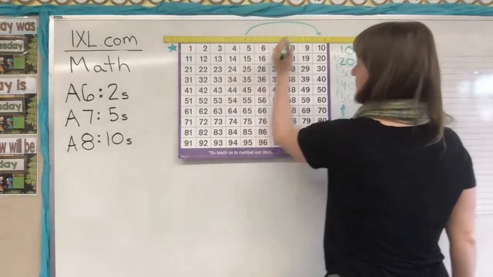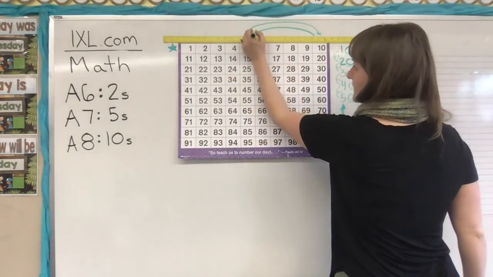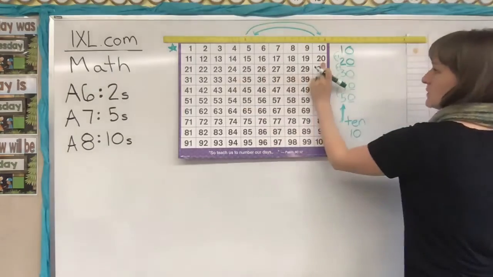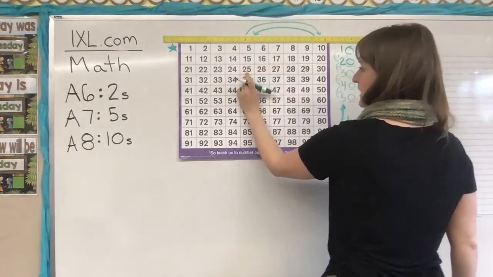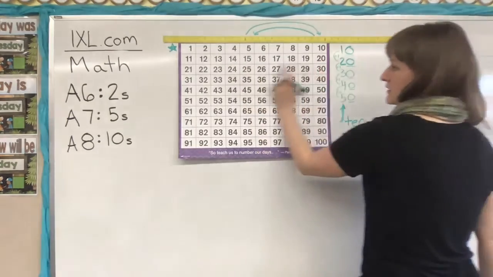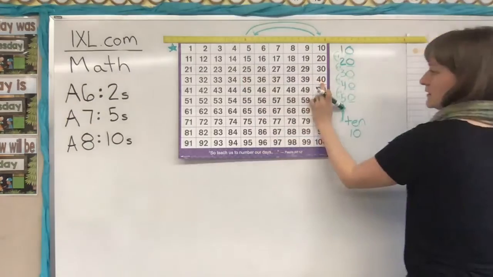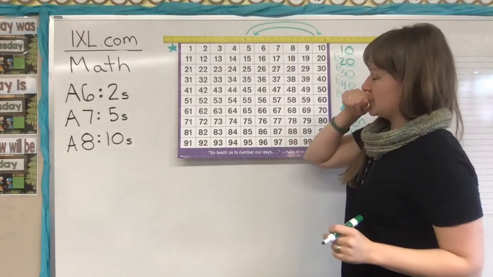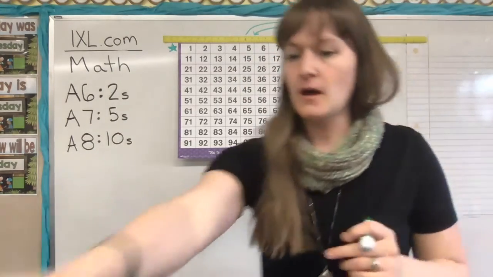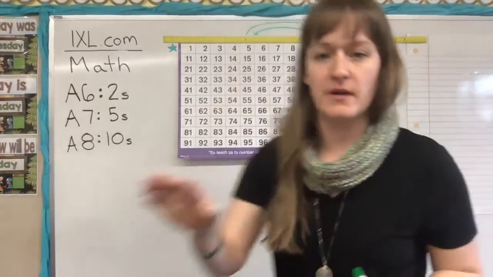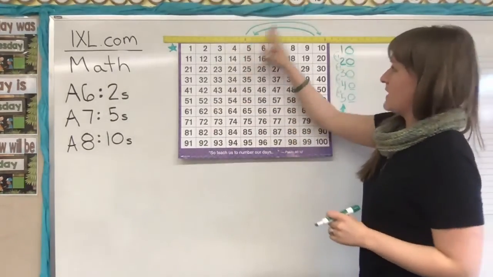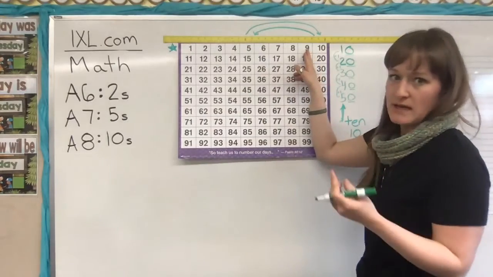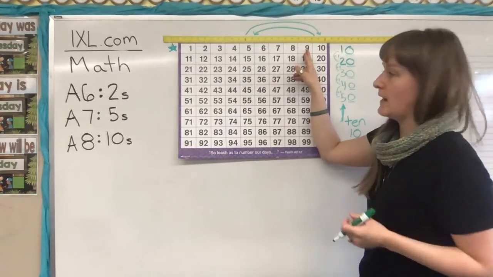And then we need to skip back. 15, skipping back, 20, 25, 30, 35, 40. So starting at 5, skipping over to 10, we skip all of these numbers. That's why it's called skip counting. You do not say every number out loud.